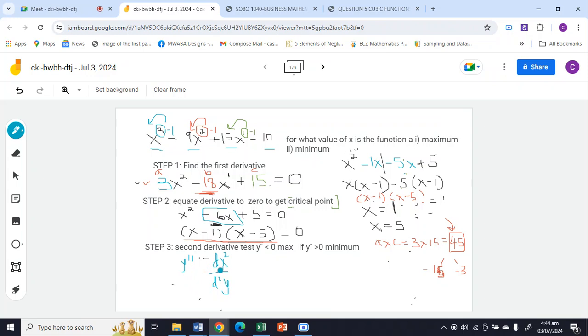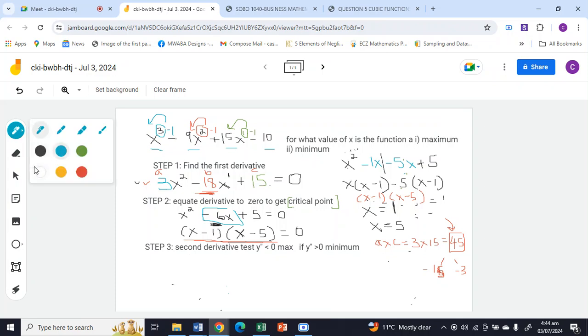If you simplified, you can derive the simplified function, or you can derive the unsimplified function. You'll still get the same answers.